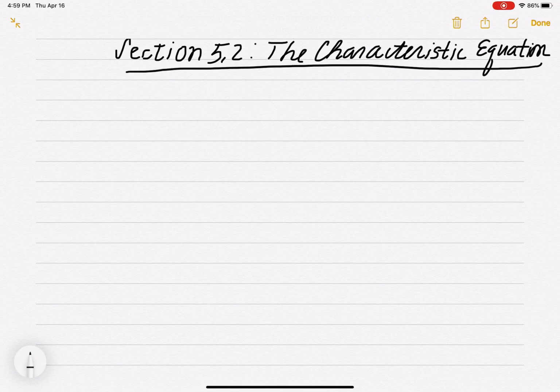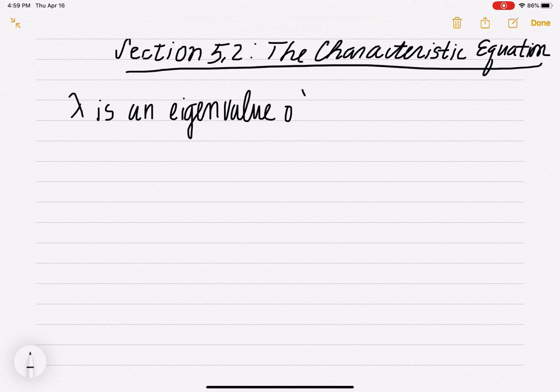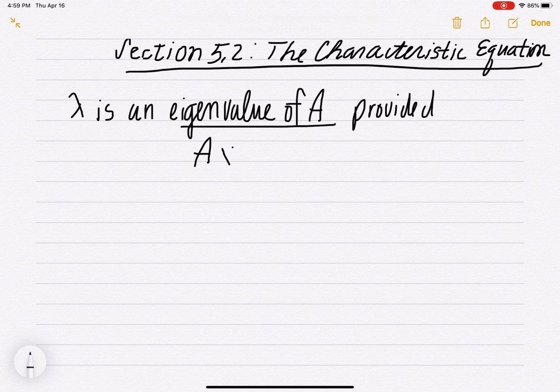Let's remember what an eigenvalue is. Lambda, which is a scalar, is an eigenvalue of a matrix A, which has to be a square matrix, provided that A times some non-zero vector x gives you lambda x, for some non-zero vector x in Rn.